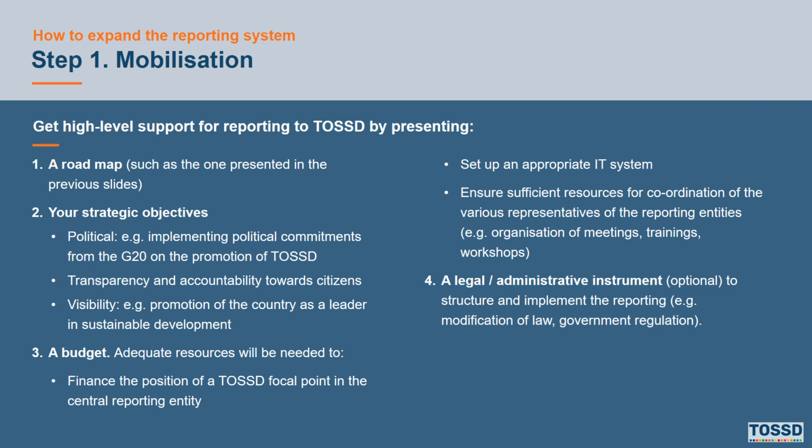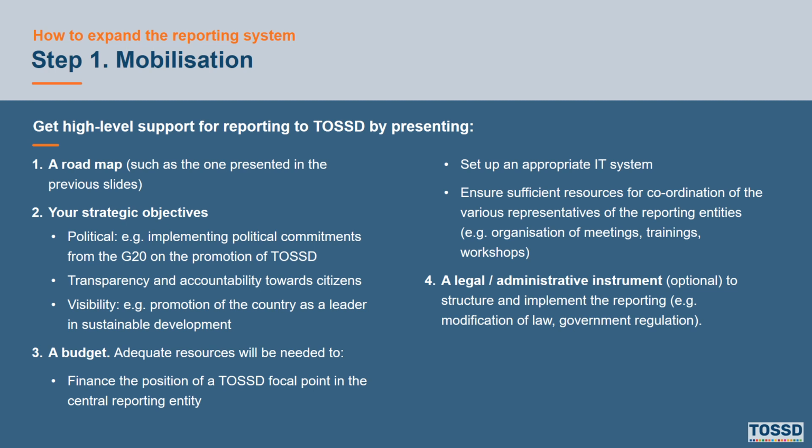Other objectives could be to provide transparency and accountability towards citizens, or to promote your country as a leader in sustainable development. You could also present a budget with adequate resources that will be needed to finance the position of a TOSD focal point in the central reporting entity.